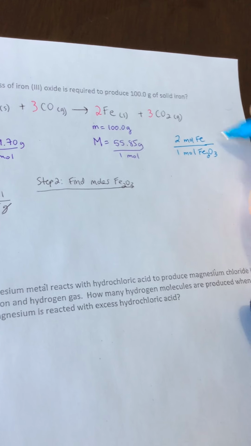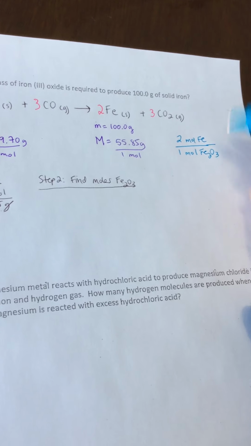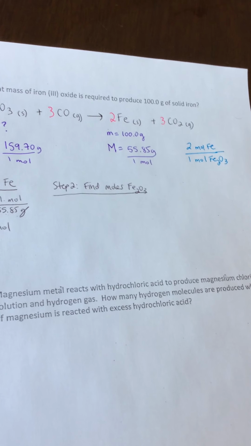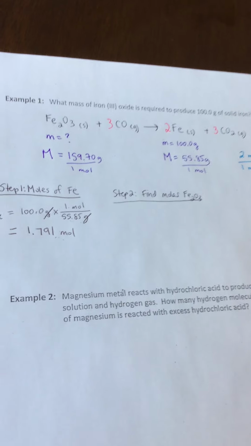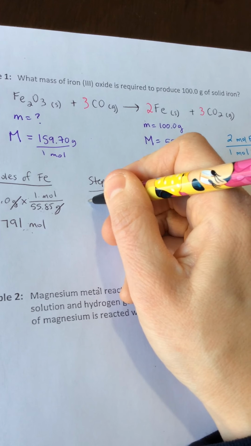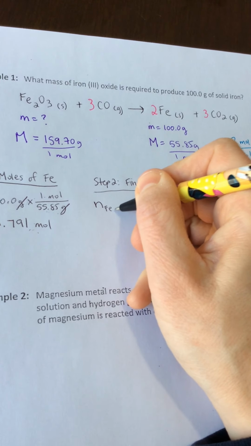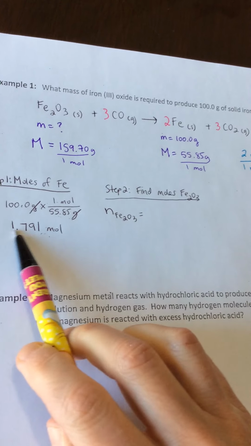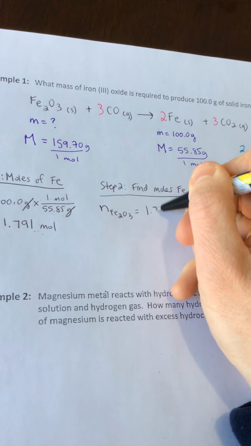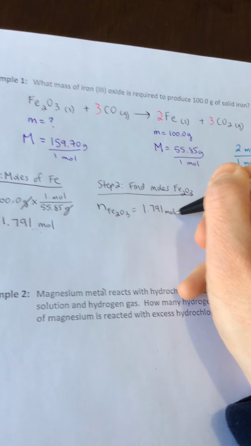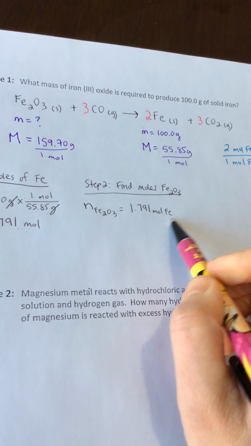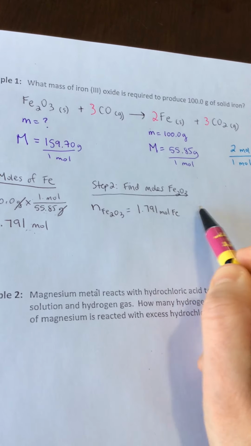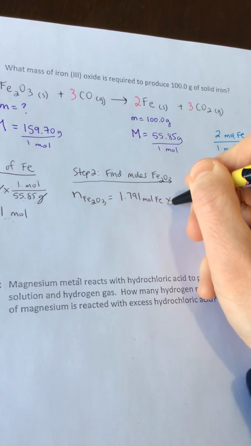It doesn't matter which you write on the numerator and denominator. They can be flipped as necessary. So we want to find moles of Fe2O3. We're starting with 1.791 moles of iron.